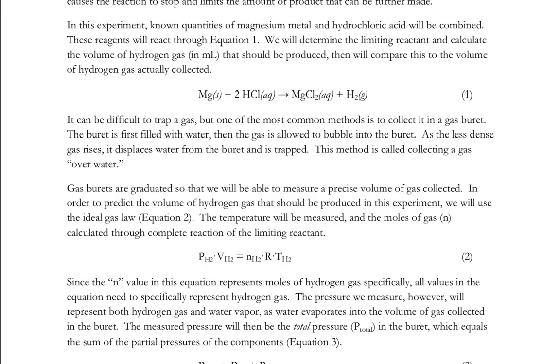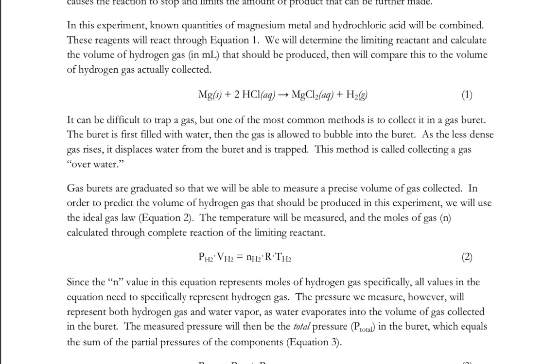With the HCl, we will measure out a certain volume of it with a certain molarity. If we convert the volume to liters multiplied by the molarity, we'll get the moles of HCl. Taking into account that magnesium to HCl are in a 1 to 2 mole ratio, we will determine which of those two is the limiting reactant.